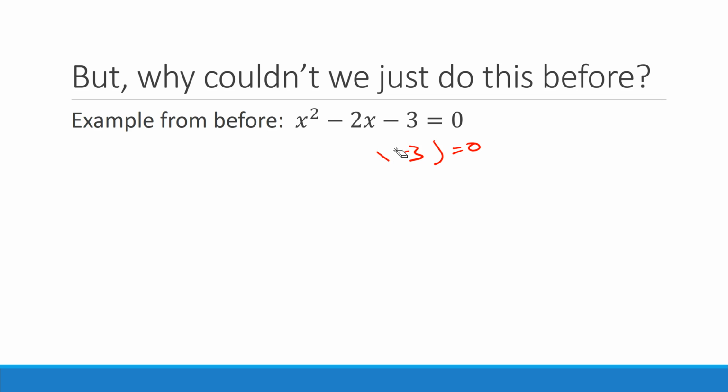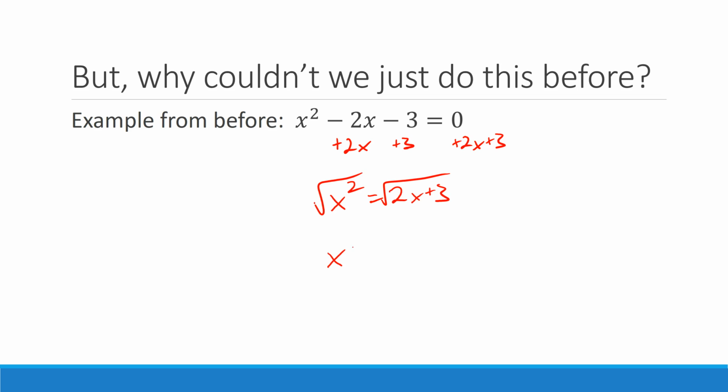Well, let's take a look at what would happen if we tried to take the square root here. Probably I would want to get x squared by itself and then take the square root, right? So in order to do that, I would add 2x and 3 to the other side. I'm trying to isolate the square so that I can take the square root of both sides. Now when I take the square root of both sides, I run into trouble.